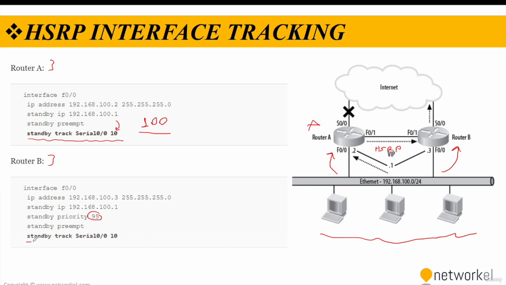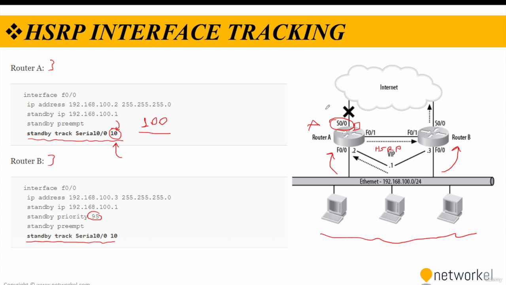On the other hand, it is also configured with the standby track serial 0/0 10 command. So whenever everything is working fine, HSRP is keeping track of the serial 0/0 interface of router A. If for some reason this port goes down, if there is an issue with the cabling or with the link state of this serial 0/0 port, this command means I will go ahead and decrease the priority of this router by 10.